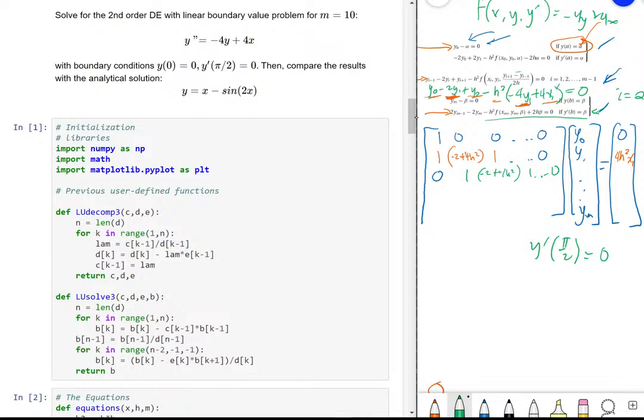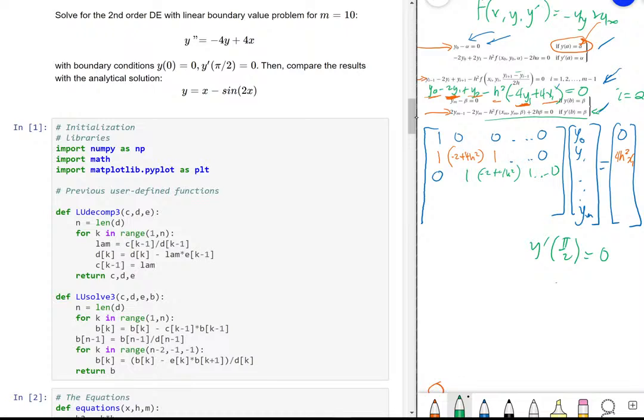Now actually, y prime at b, so you have beta is equal to 0.